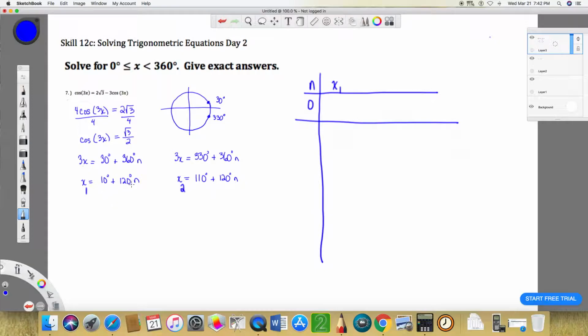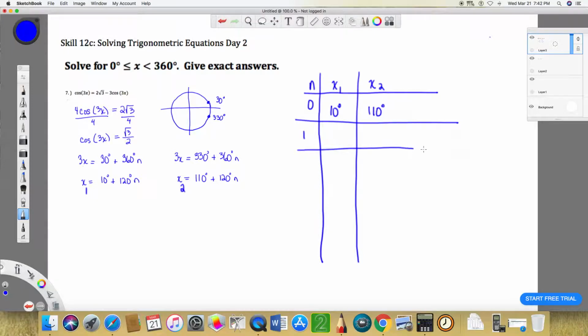We're not going to pick negative integers, because that would make that result negative, and we want to be bigger than 0. So if we let n be 0, we've got 10 degrees. That's between 0 and 360. And in this other one, if we let n be 0, we've got 110 degrees.